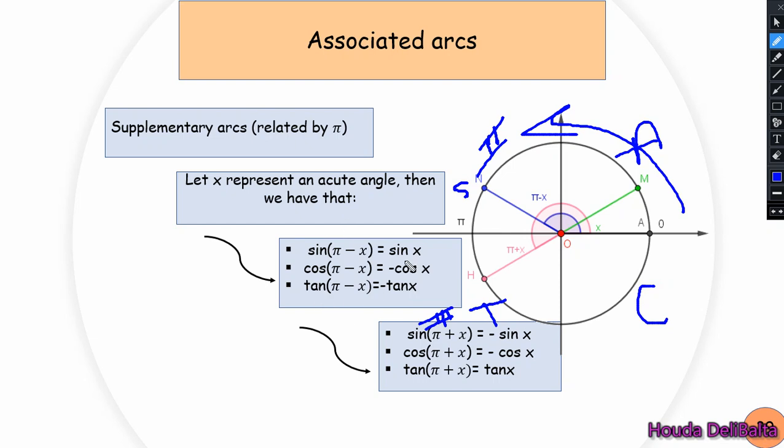I remove pi and I keep on writing sine or cosine of x, alpha or beta, according to the letter here, and the signs are according to which quadrant we are talking about.